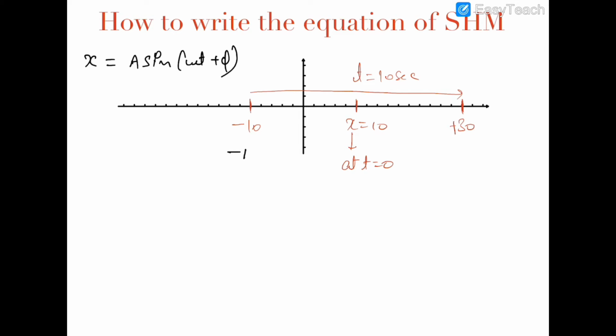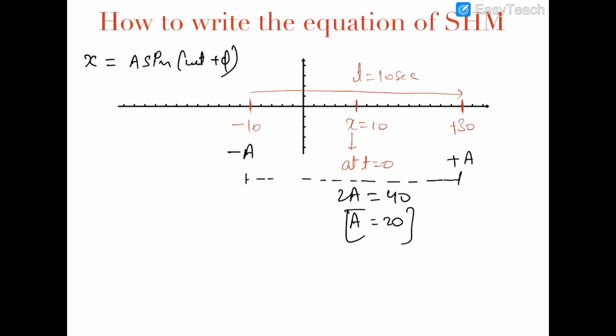So this is -a, the negative extreme, and this is +a, the positive extreme. The distance between the negative extreme and the positive extreme is 2a, and this 2a is equal to 40, because when the particle is moving from -10 to +30, the distance moved by the particle is 40. So a would be equal to 20. This is the amplitude which we have calculated.